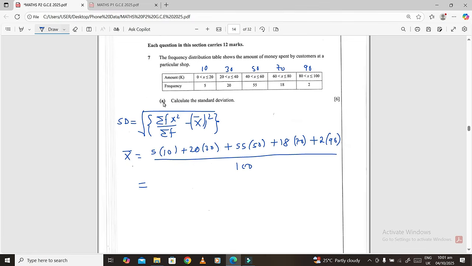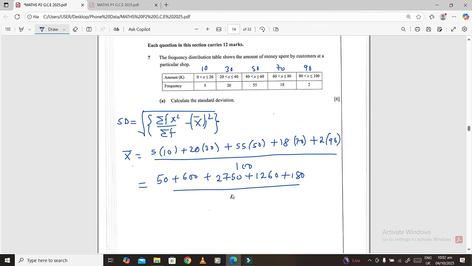So 2 times 10 there, it's giving us 50, plus 20 times 30, it's giving us 600, plus 55 times 50, it's giving us 2,750, plus 18 times 70, this is giving us 1,260. 2 times 90, that's 180. Okay?